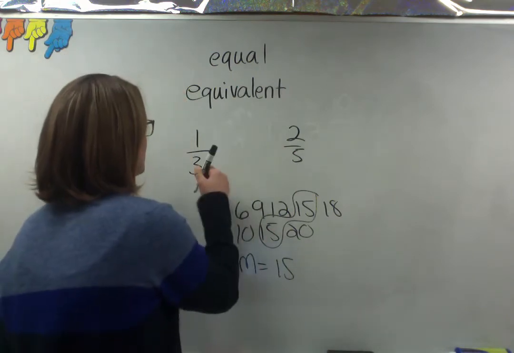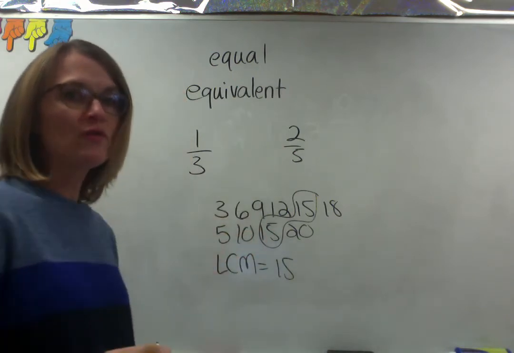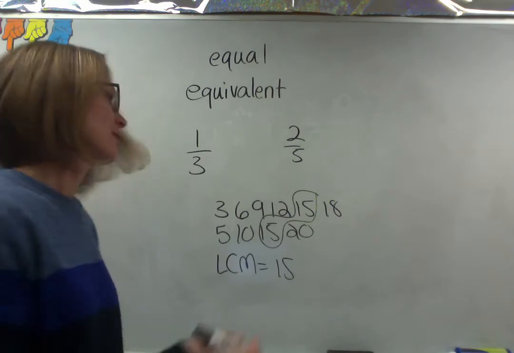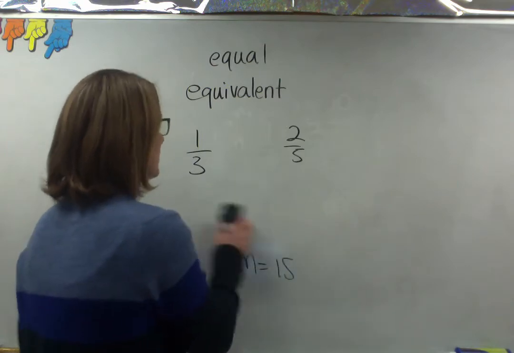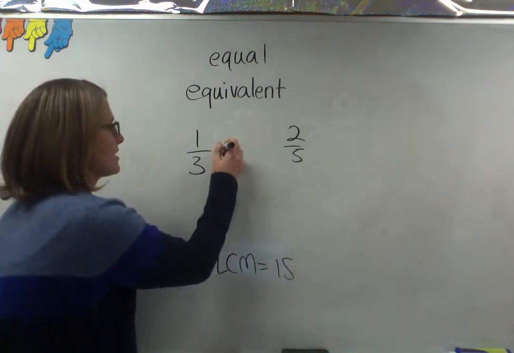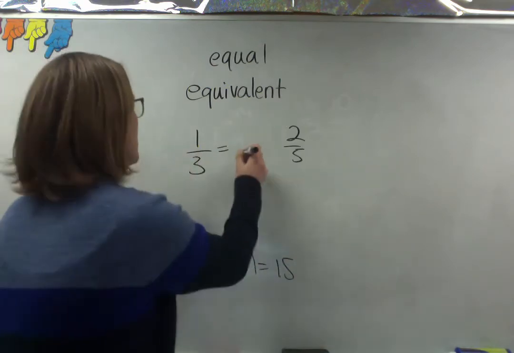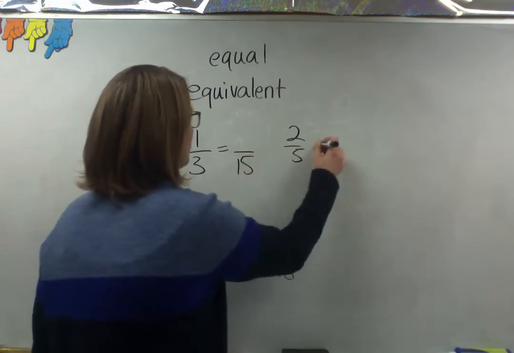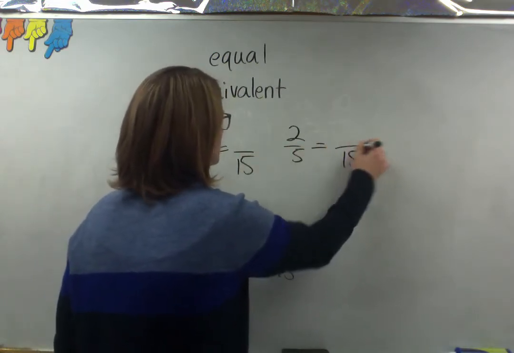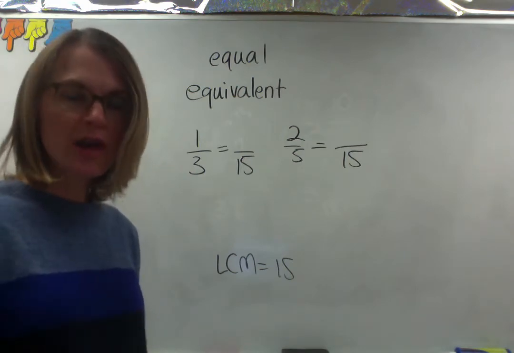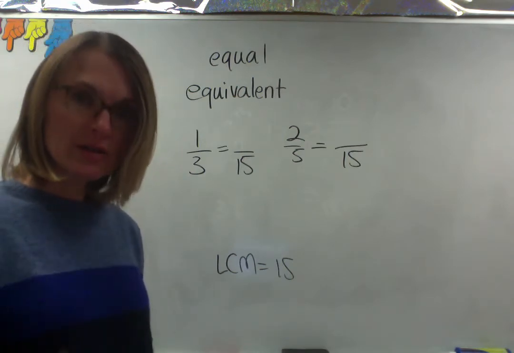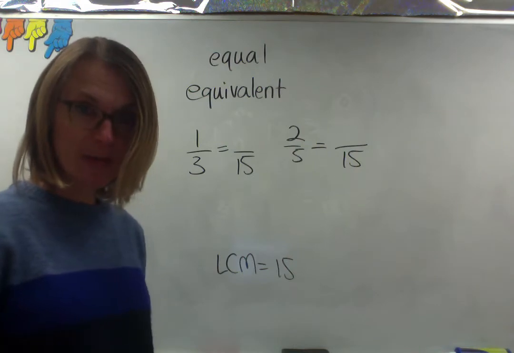So what we did is we changed 1/3 and 2/5 to 15ths, all right? And one of the things that we talked about is I drew the equal sign next to it, and I drew 15 for the new denominator for each one. What we talked about yesterday is if you change the denominator, you need to change the numerator by the same amount.